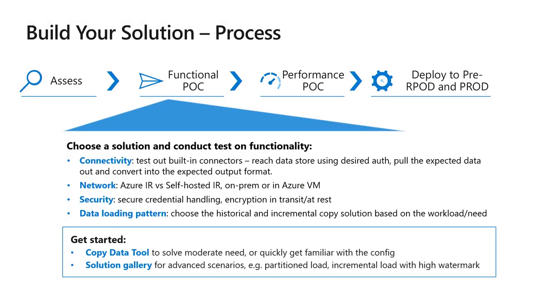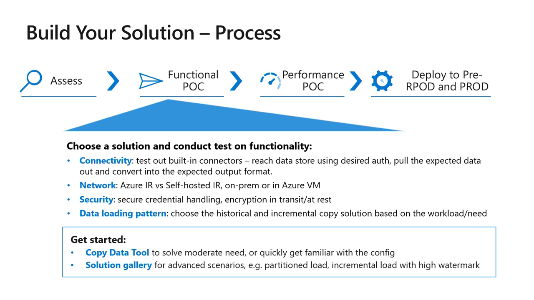So with all those technical details that I shared, when you do the functional POC, here is a recap. Connectivity: validate that ADF's connector can connect to your data store, source and sink, and formats as you expected, and that it can pull out the data with the right value and right shape for your requirements.